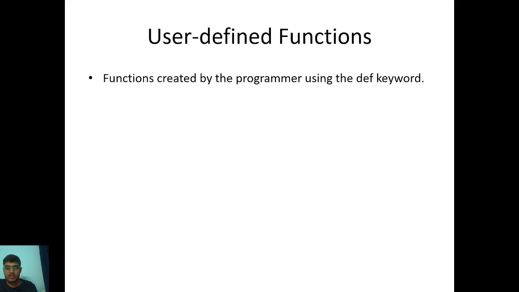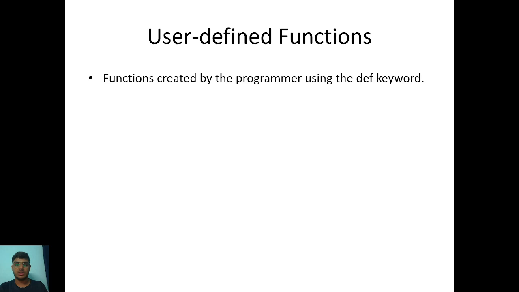User-defined functions are functions created by programmers using the def keyword. A user-defined function is a function created by the programmer to perform a specific task, unlike built-in functions, which are already provided by Python. User-defined functions are written by us according to our needs.